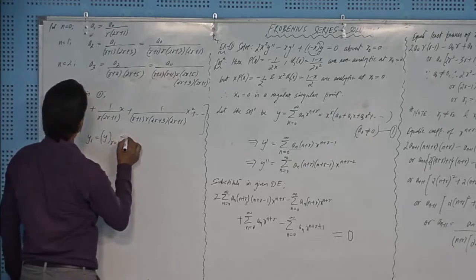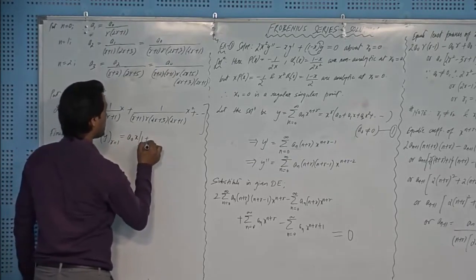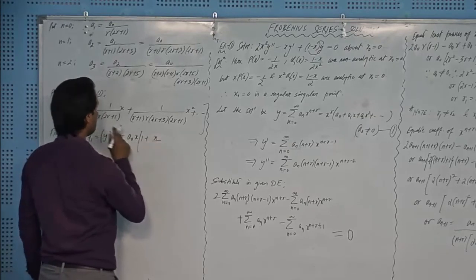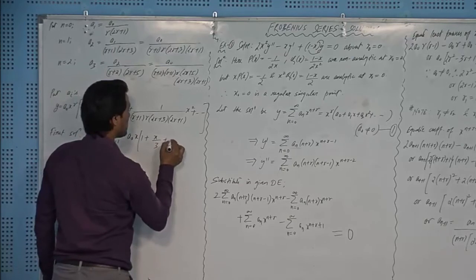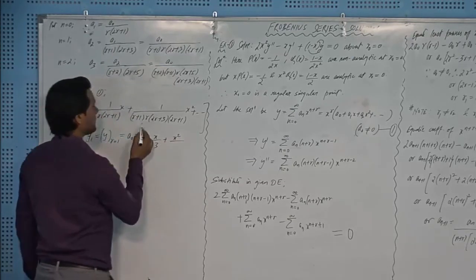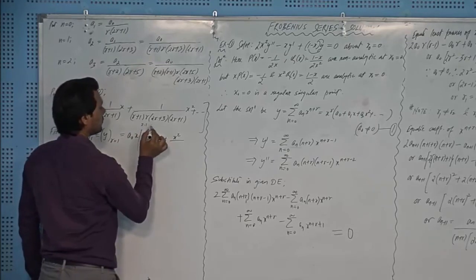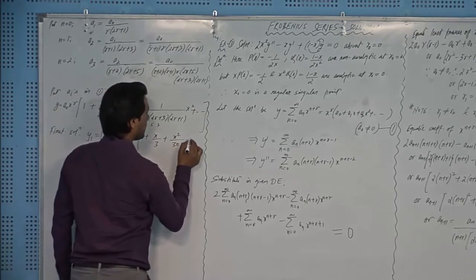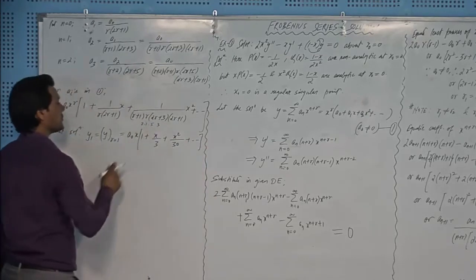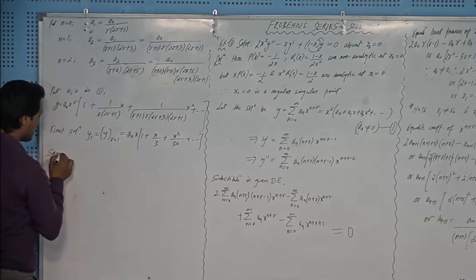I will get a0 times x, 1 plus x over, and this will become 3, plus x square over, this will become, r equal to 1, 1 2 5 3, 30, and so on, right? So this is my first solution.